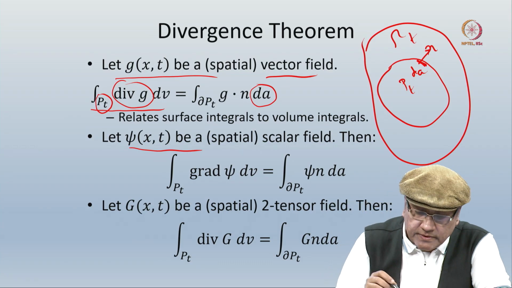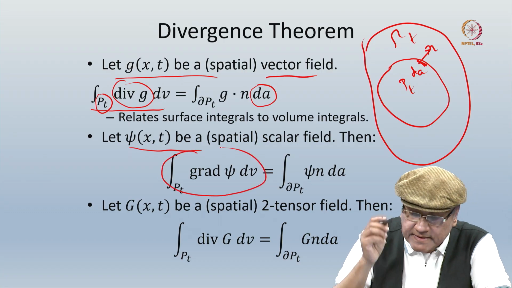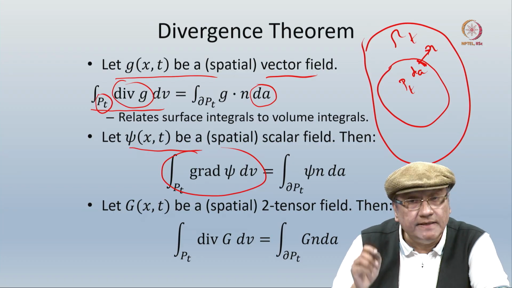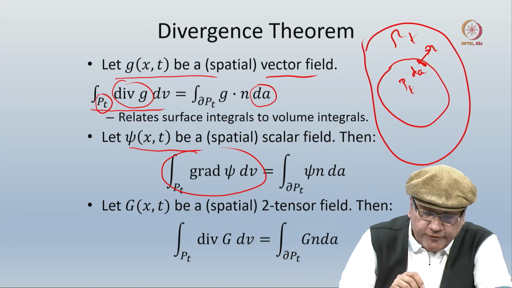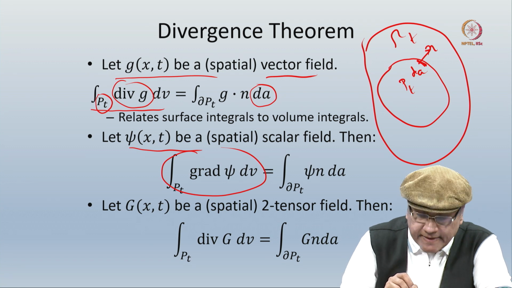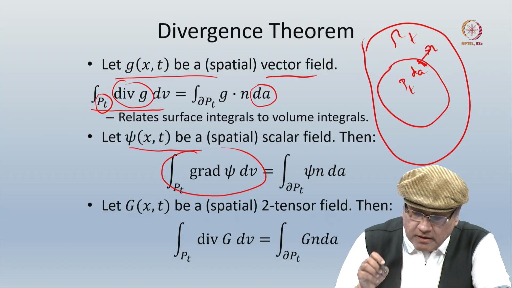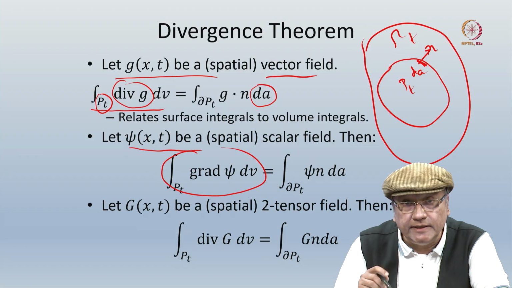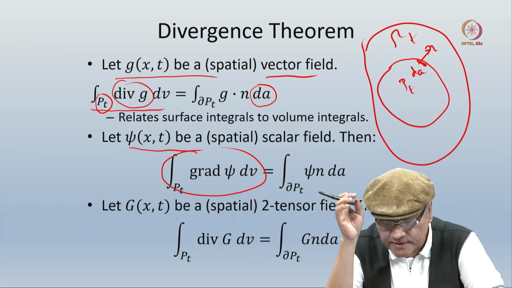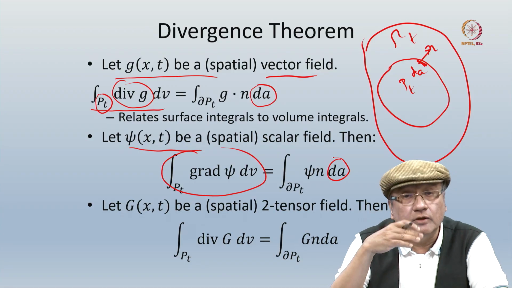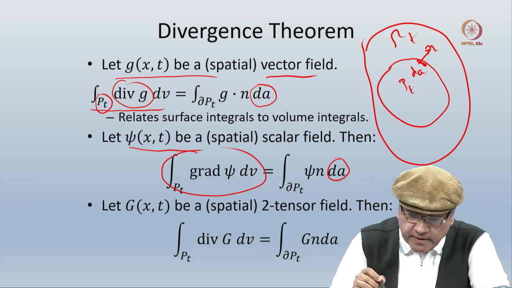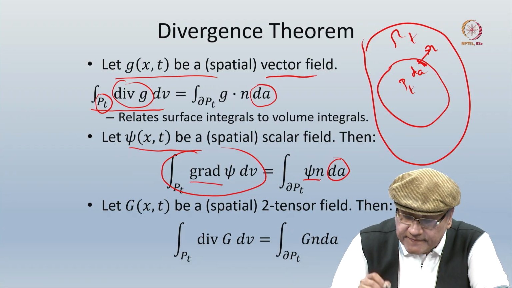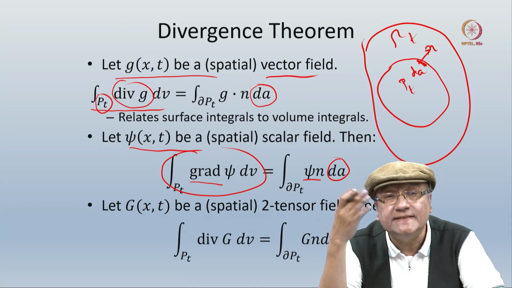That volume integral is equal to the integral over the surface of psi n dA, where n is again the unit normal. If you take the gradient with respect to small x of psi, you get a vector from the scalar psi. And psi, that scalar, if you multiply by the unit outward normal n to the oriented area element dA, then you also get a vector. So the equality makes sense; you can check that this and this have similar mathematical identities.